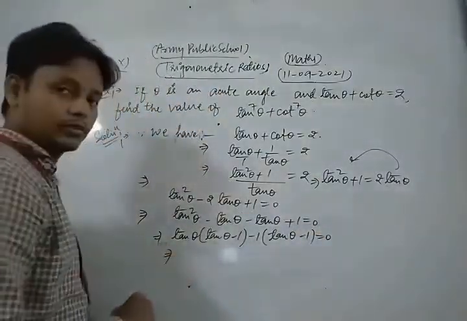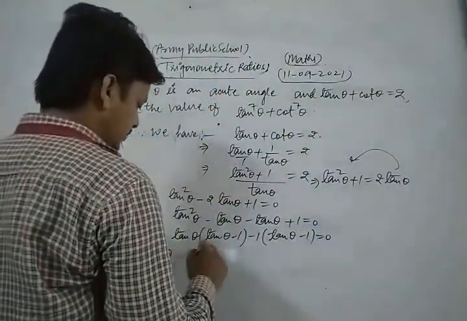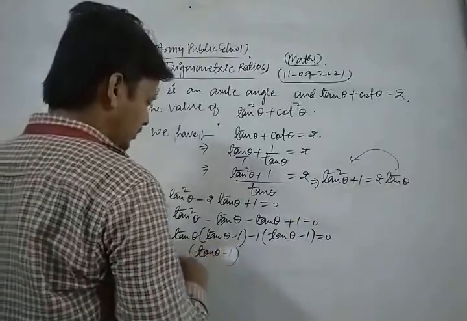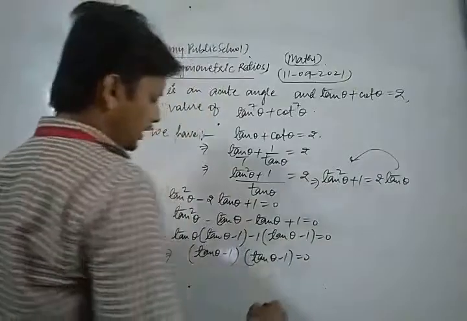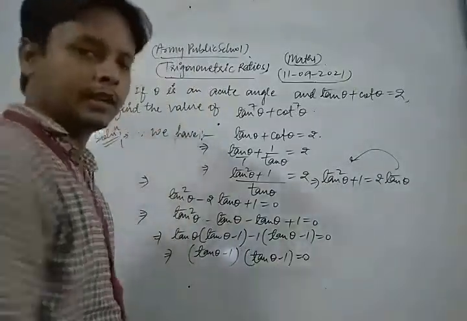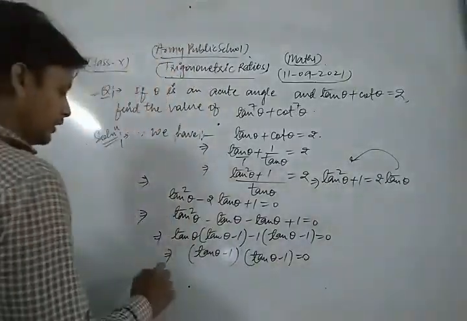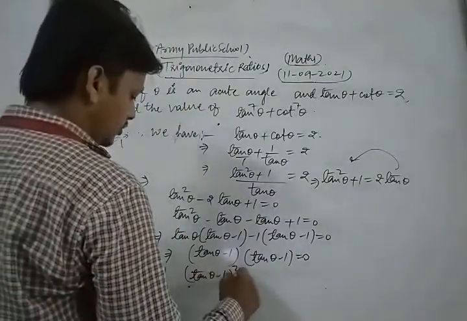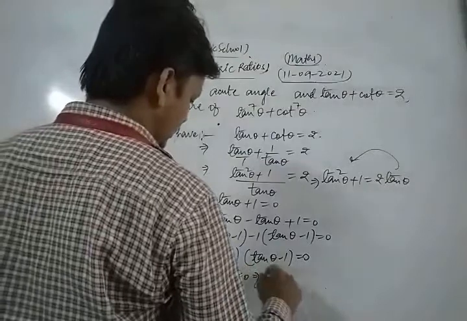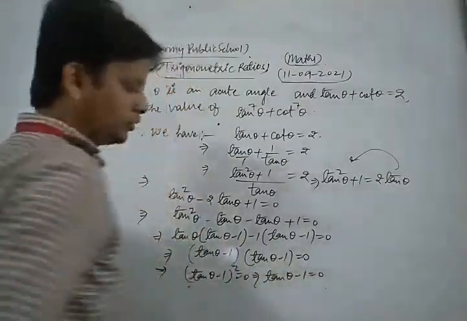So we get tan theta minus 1 in one bracket and tan theta minus 1 in the other, the same value, thus dear friends we can write tan theta minus 1 whole square is equal to 0, that is, tan theta minus 1 is equal to 0.